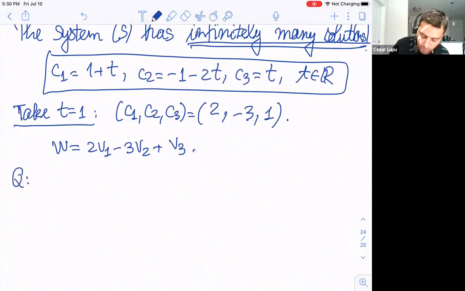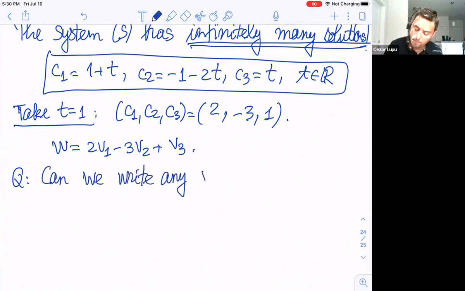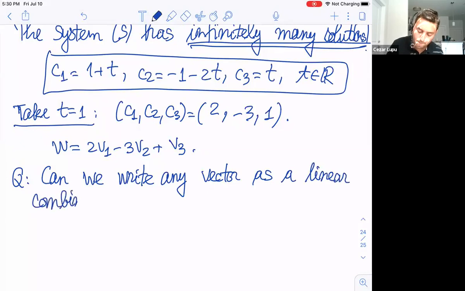So I want to answer the following question. Can we write any vector as a linear combination of other vectors?